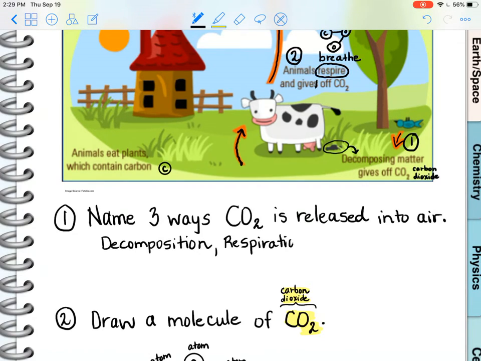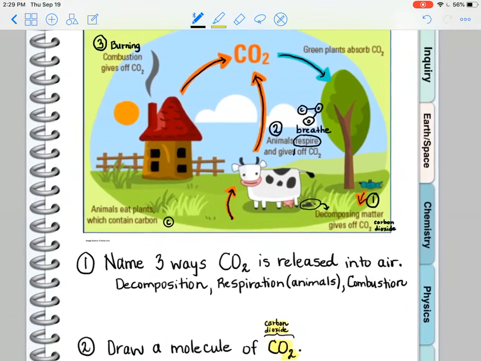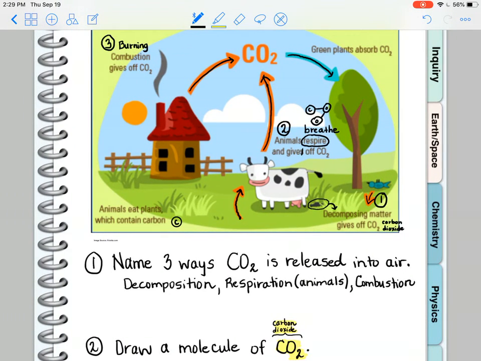And I should say that that's animal respiration, because plants, even though they don't have lungs, they do respiration. So animal respiration, and then also burning, combustion. Let's use their word, because the test will use the word that they use in the diagram a lot. So let's stick with their vocabulary. So those three ways put carbon dioxide into the air.